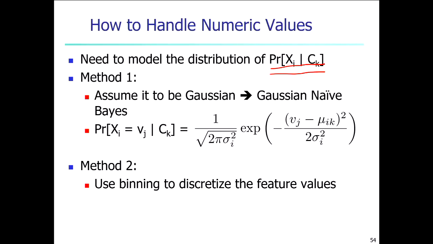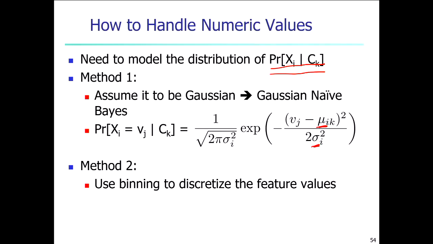The first method is we assume that it follows a certain distribution, and usually we use Gaussian. Then we estimate sigma and mu, and then we can write down the distribution.